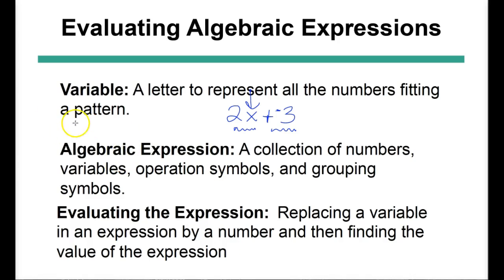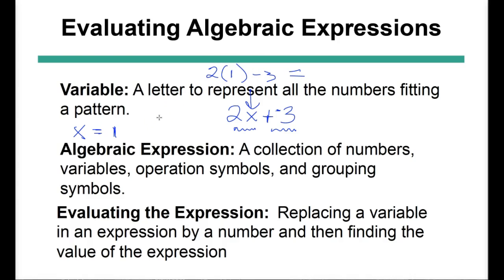If I wanted to say x was equal to 1 here, then when I evaluate this expression when x is 1, I would just put 1 in place of the placeholder, and from there I would evaluate it.